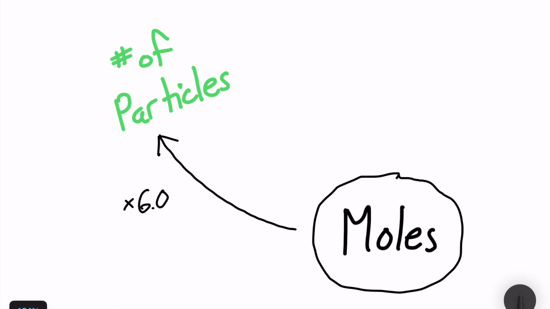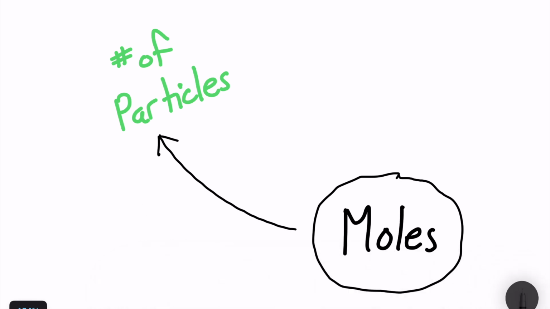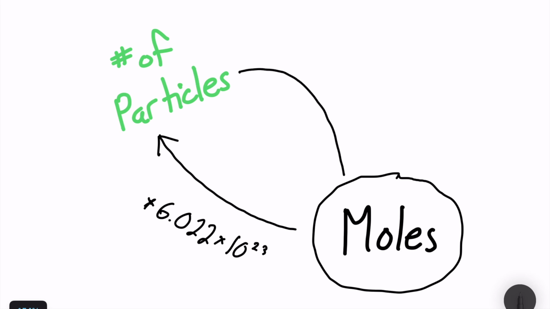And I'm just going to write it in a different spot. So you multiply by 6.022 times 10 to the 23. Make that multiplication sign a little bit better. There we go. And if you are at number of particles and you want to get to moles, so I'll draw an arrow the opposite way, you can probably guess you are going to divide by Avogadro's number.